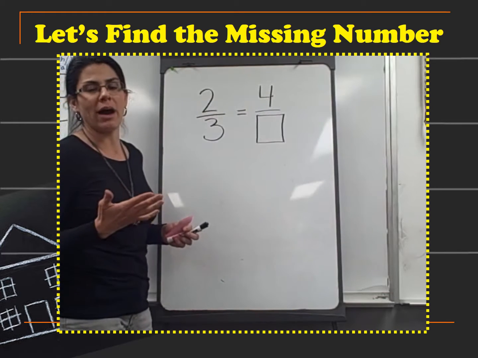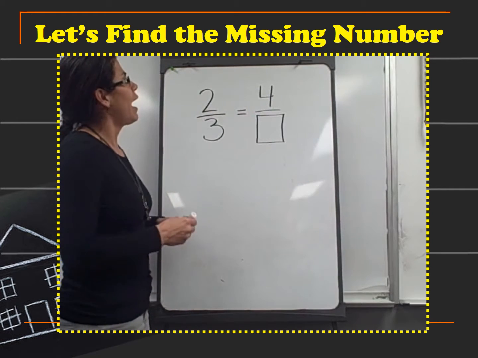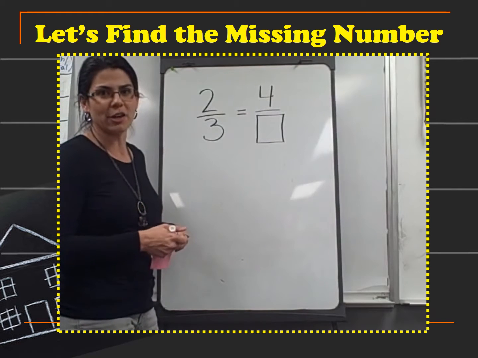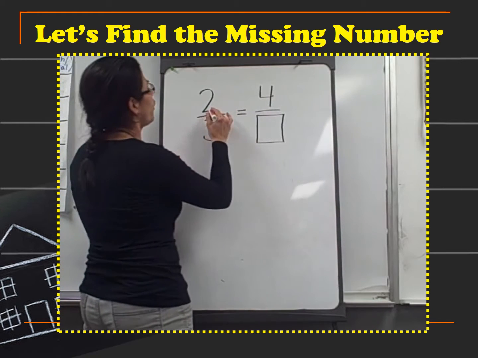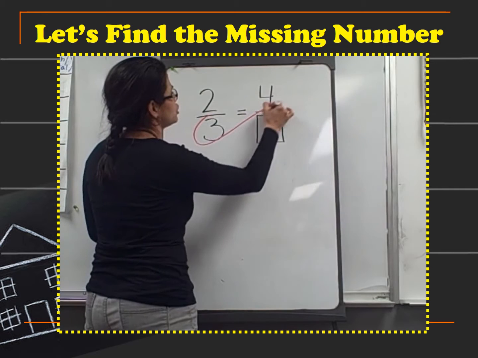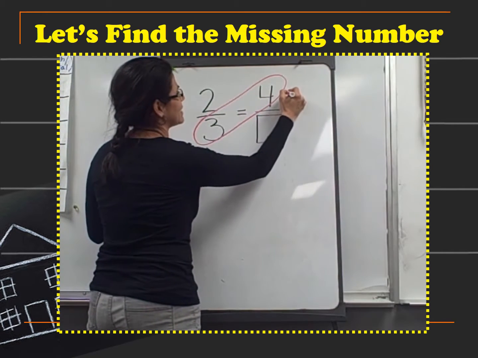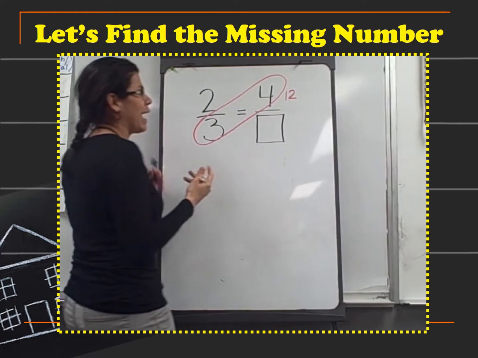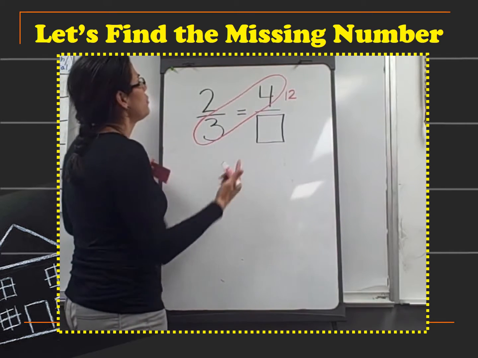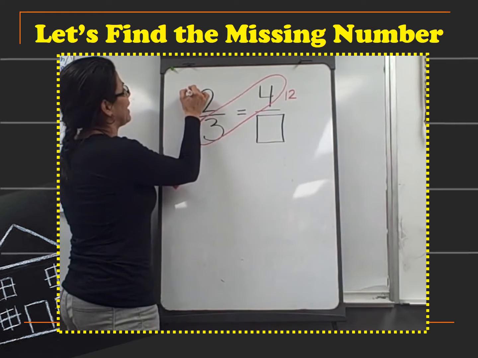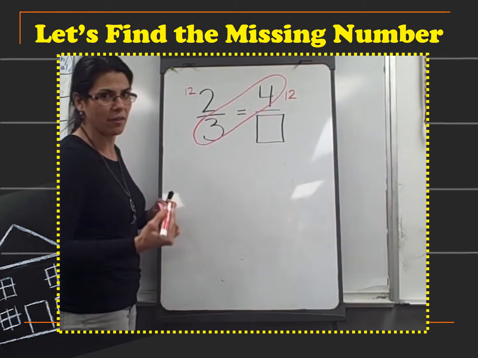So let's talk about what I just showed you. I just showed you the rule of the cross products. So let's go ahead and multiply the 3 times 4, which is 12. And now let's do some mental math. We know that this number right here needs to be a 12.